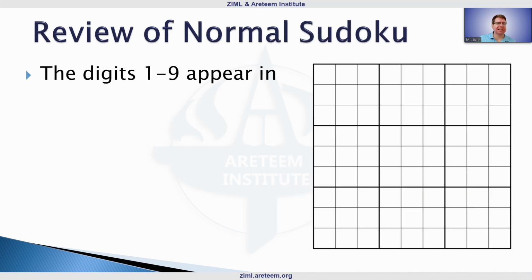So, just in case people are not too aware of normal Sudoku rules, let's do a quick refresher there. The digits 1 through 9. We have a 9 by 9 grid to start with. And then these digits 1 through 9 appear in every row. Any row you pick, for example, here in this fourth row, the digits 1 through 9 have to appear in some order there.